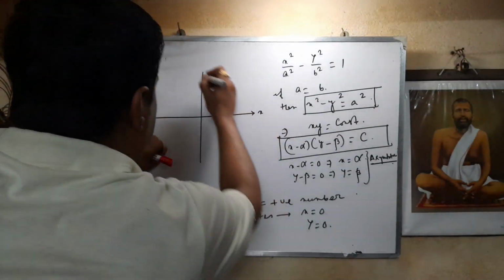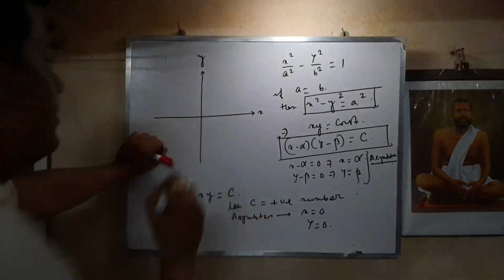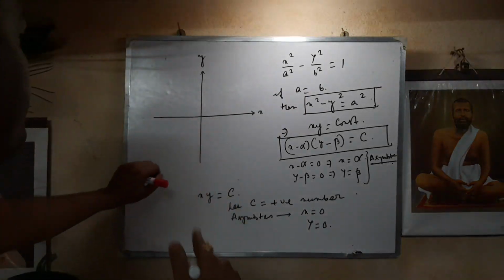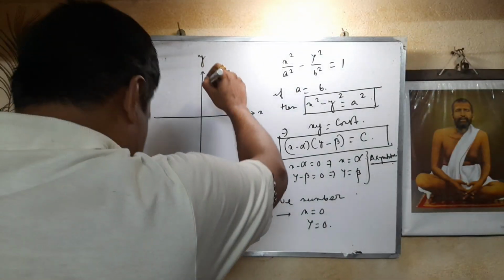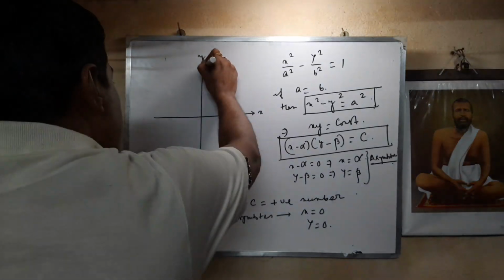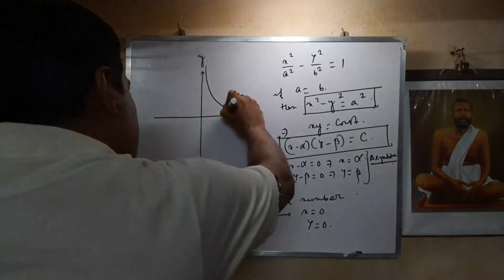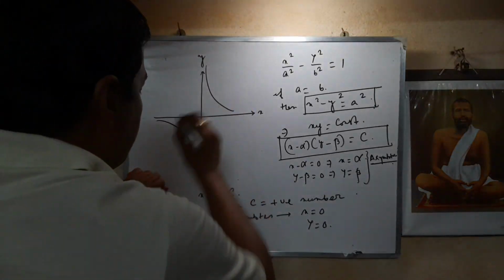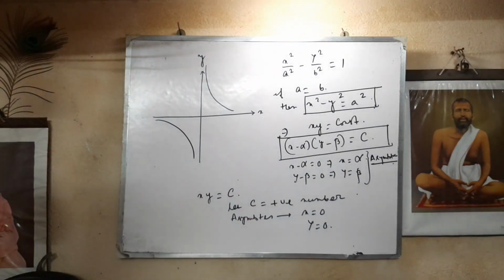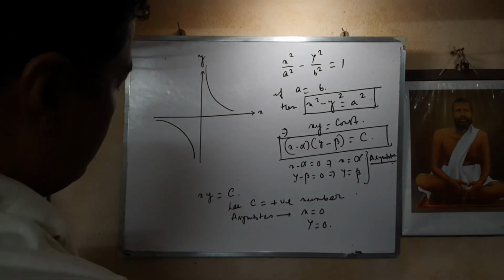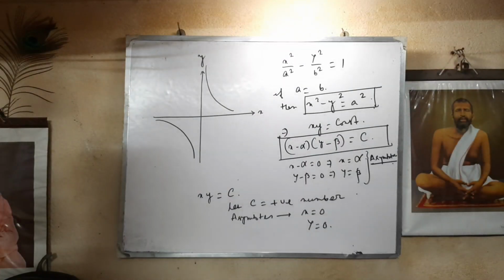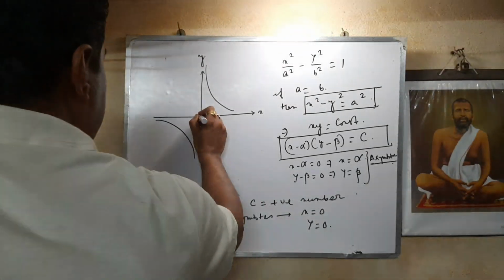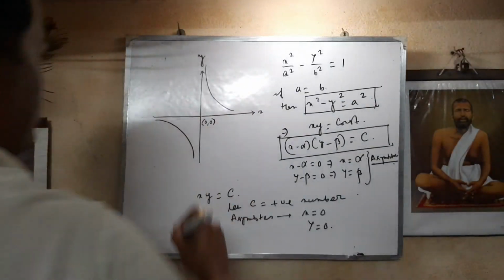It is our x axis, it is our y axis. Okay, this type of curve will be. And the center of the hyperbola will be at the origin, that is 0, 0.